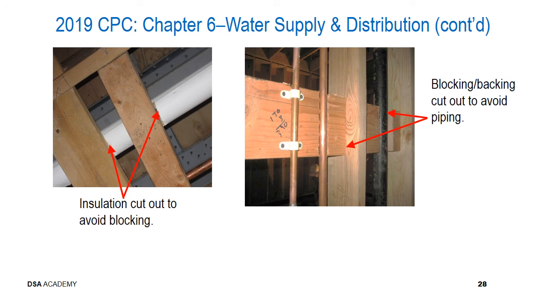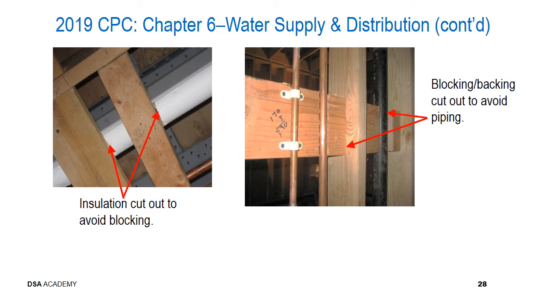It certainly happens, and it depicts a situation where the plumbing contractor obviously insulated the piping, but the way the piping was attached to the backing or the framing members required them to think that they needed to cut the insulation out away from the blocking, which is not acceptable, obviously, and this is something you'd want to be able to look out for and remind the contractor to correct this situation if you observe it.